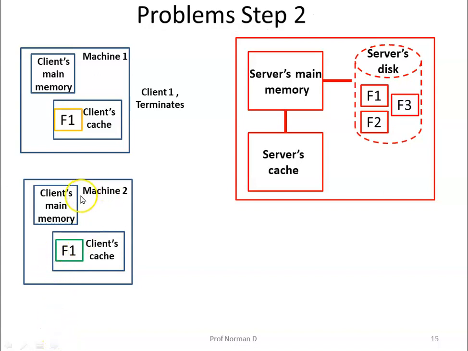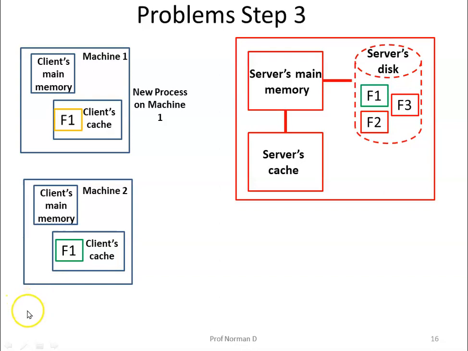Later, a client on machine B reads the same file from the server. Now this particular process also modifies the file and writes it back to the server. So now the server has the latest updated file.